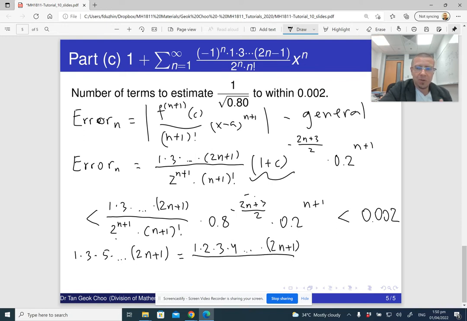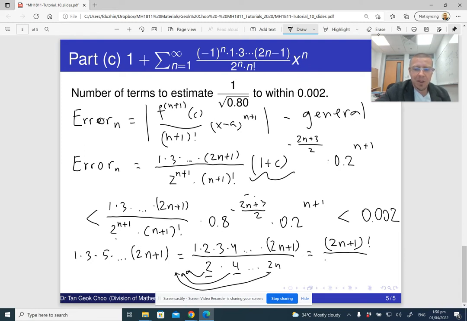But then in order to really get it right, I need to divide by all the even numbers up to 2n. Now the numerator is going to be 2n plus 1 factorial, and in the denominator all these numbers are even numbers, which means that you can take out all the 2's from them.